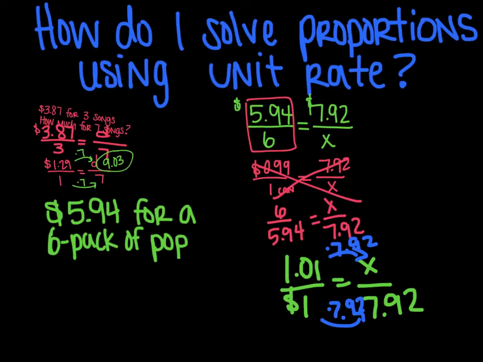So 1.01 times 7.92 will give you an answer of just about, with a little bit of rounding, about 8. So that means you get about 8 cans, really, really close to 8. It was 7.999. So 8 cans then would be your answer.